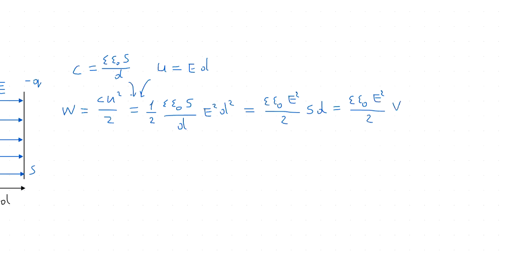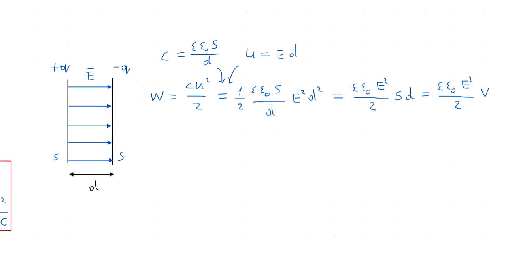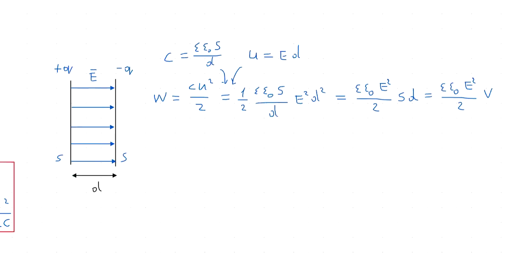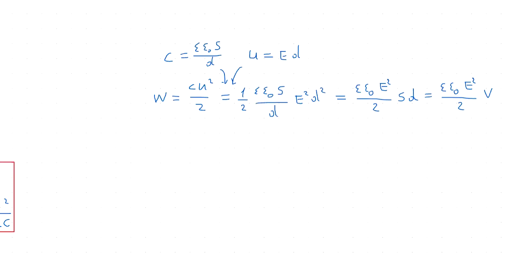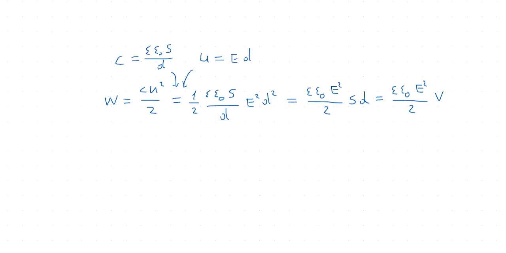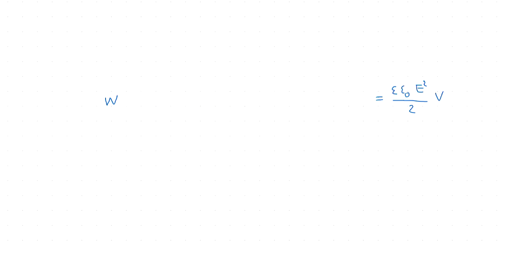And the formula that we have obtained is true not only for a parallel plate capacitor, but it is correct for any electric field. So we can just leave this for any electric field.